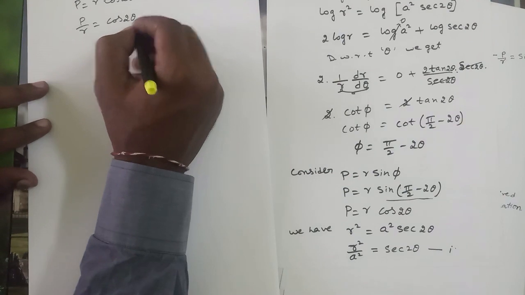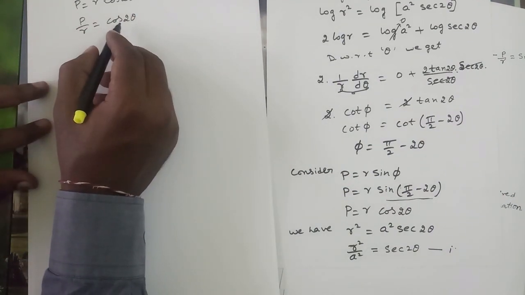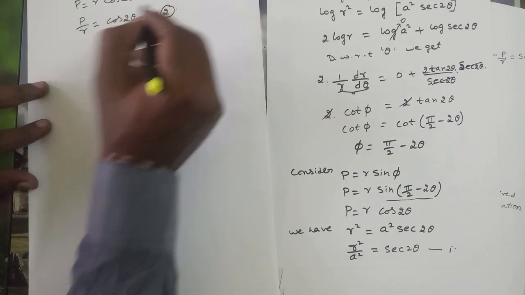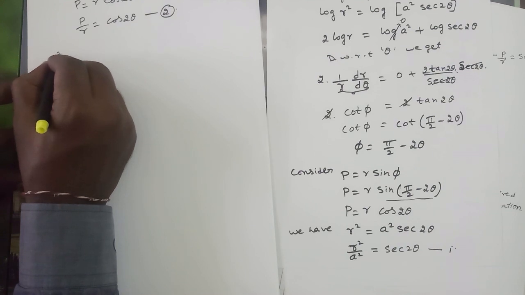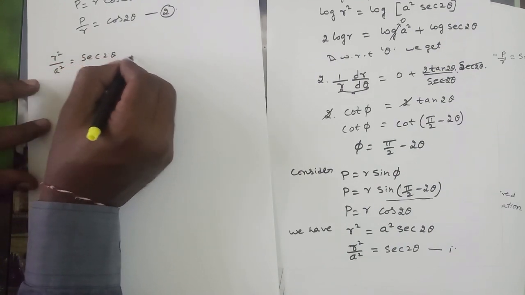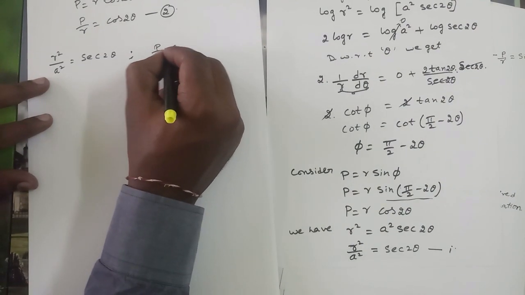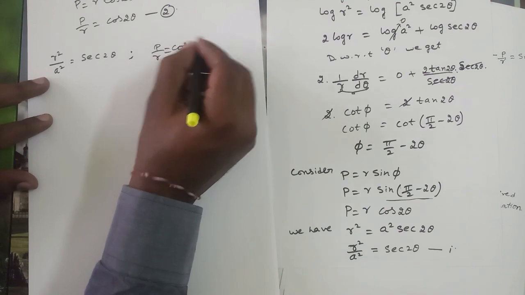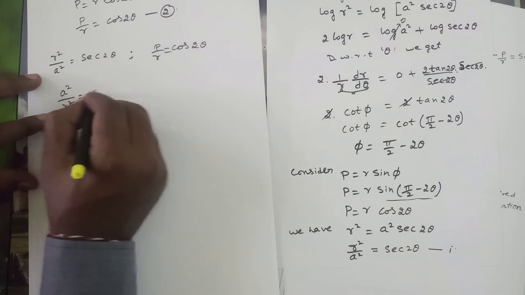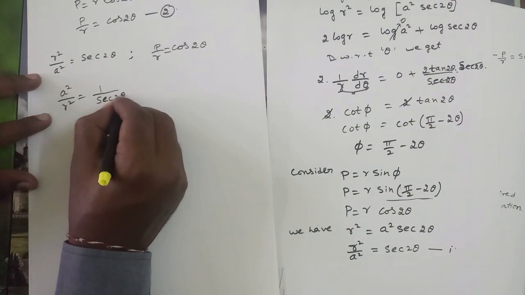I call this equation 2. If you take the reciprocal of equation 1, you get a square divided by r square is equal to 1 over secant 2 theta.